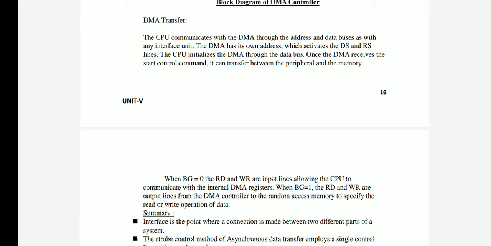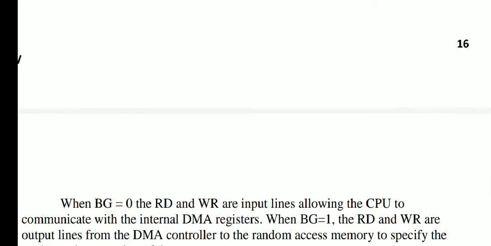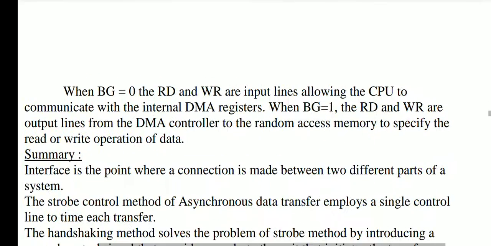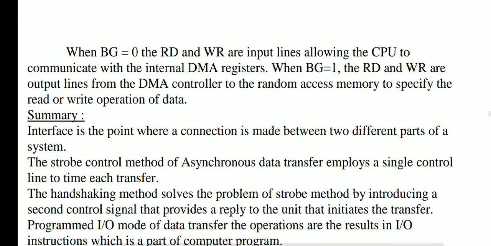When BG equals 0, the read and write input lines allow the CPU to communicate with the internal DMA registers. When BG equals 1, the read and write are output lines from the DMA controller to the random access memory to specify the read or write operation of data.